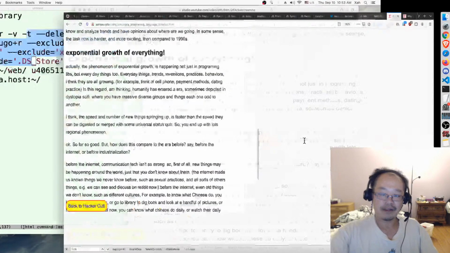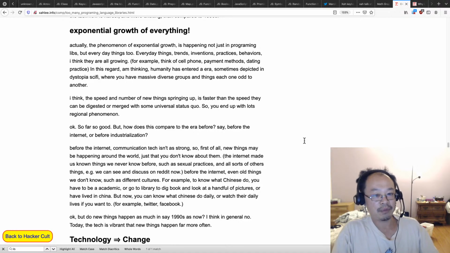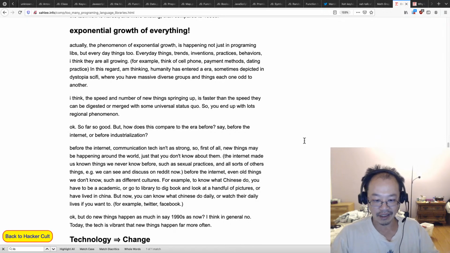In turn, we realized it's not just libraries; it's exponential growth of everything today because of technology. I might call myself a technologist, and you guys too, because we are interested in technology: all sorts of programming languages, computers, CPUs, Intel, the latest GPU from NVIDIA, the latest monitor and display technology.